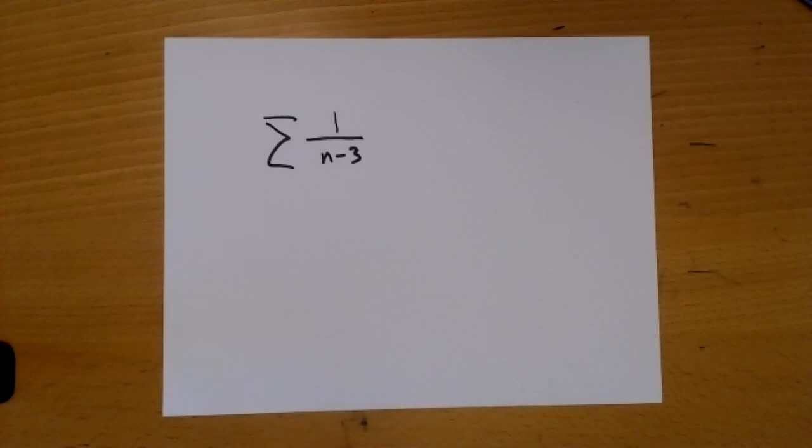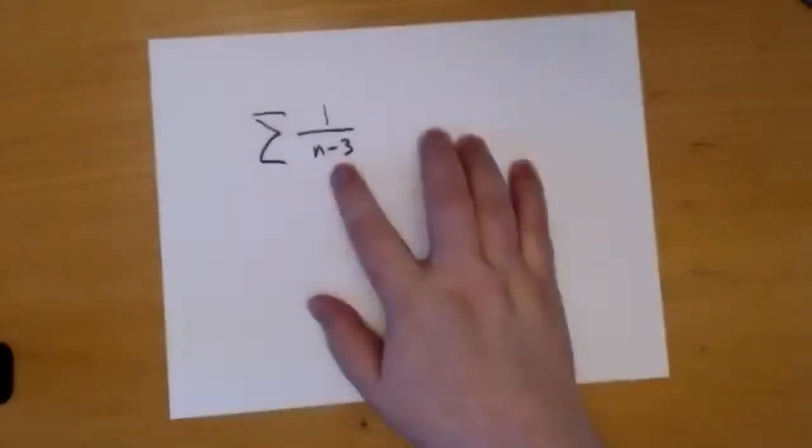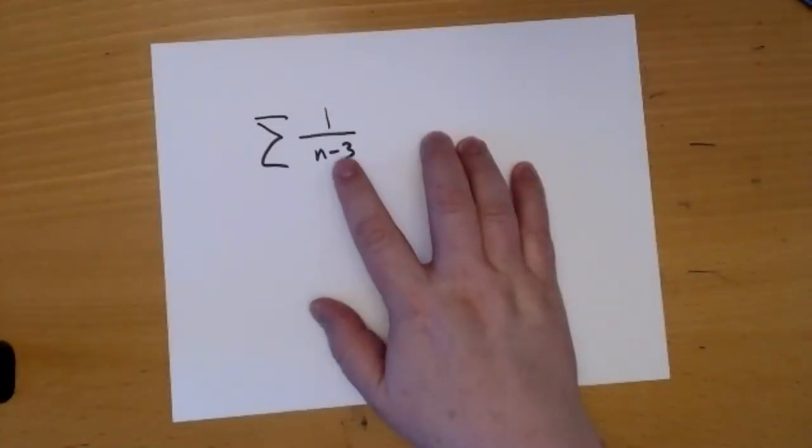So what tests do you guys use? I did direct comparison with the harmonic series because after 4, it gets bigger. The problem with the direct comparison is that this is always bigger than the harmonic series, right?